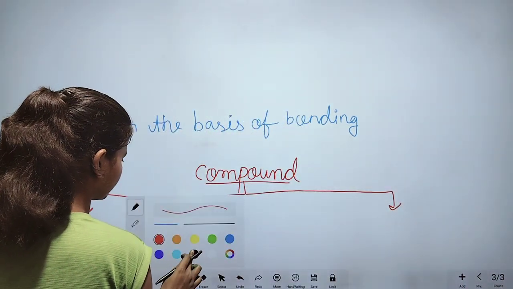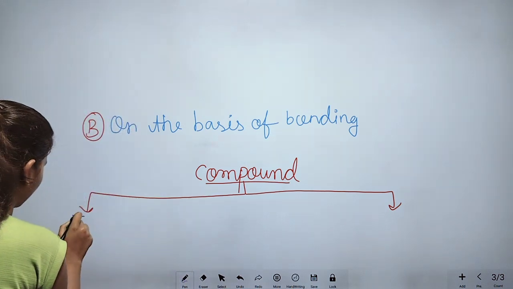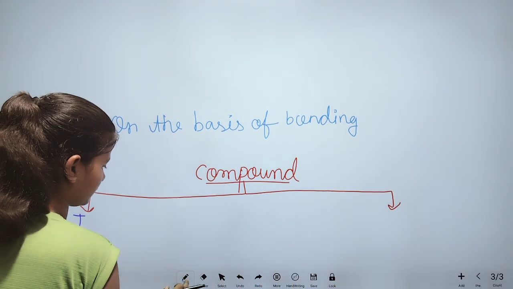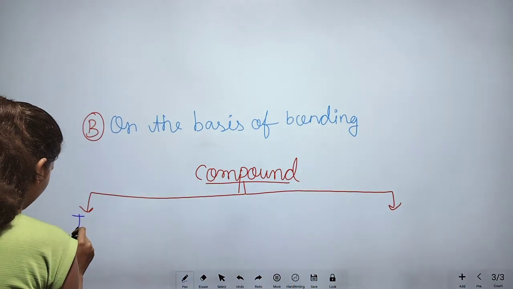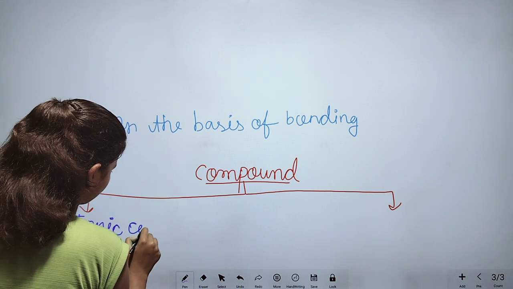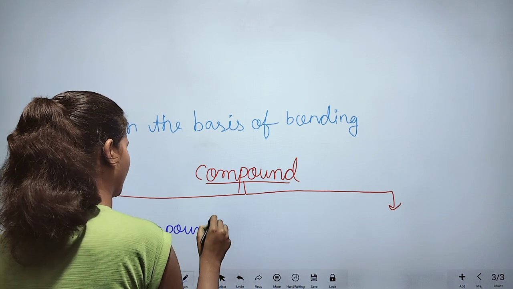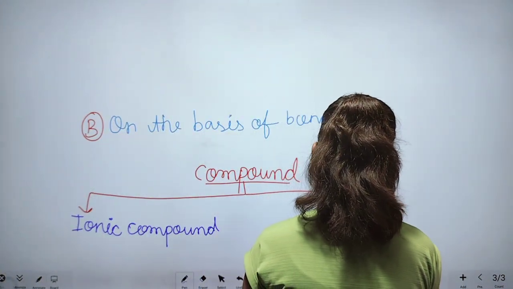First one is ionic compound and second one is covalent compound.